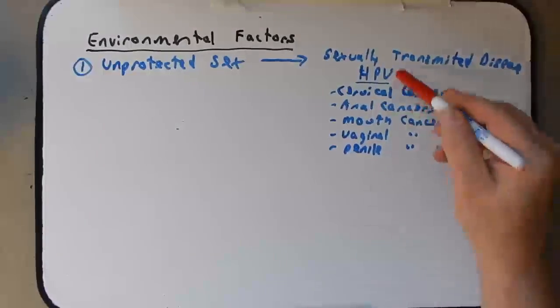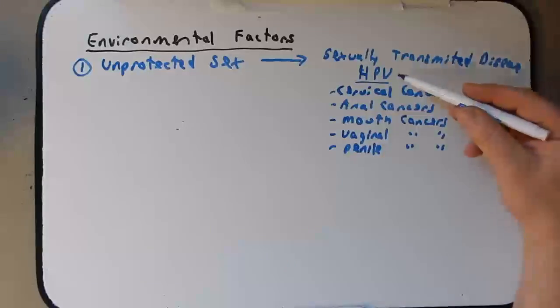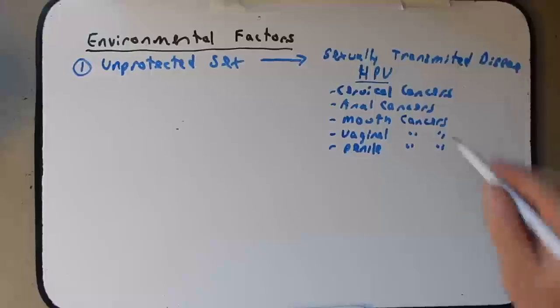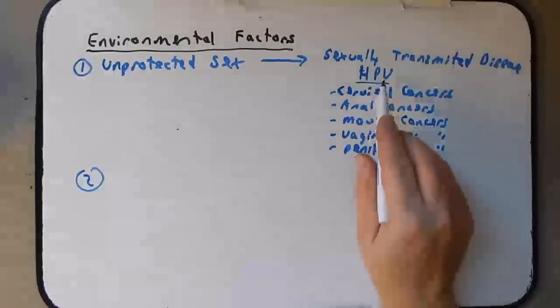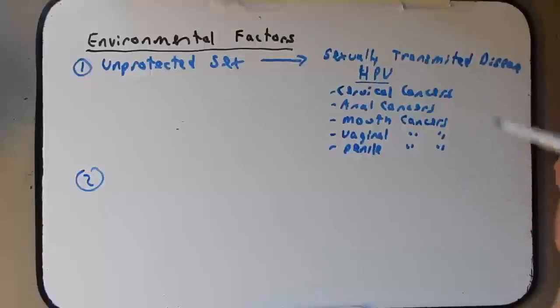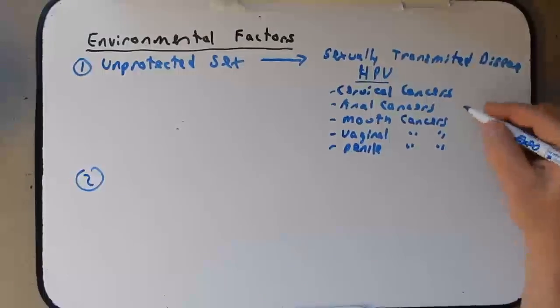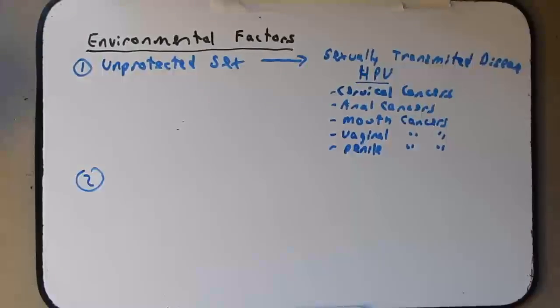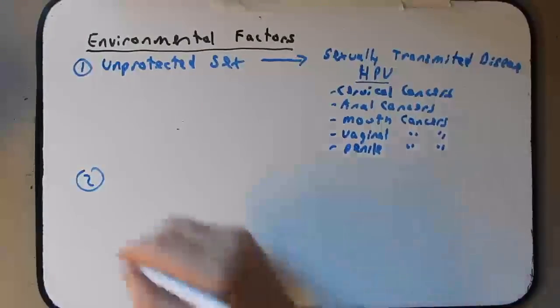And that's why there's a vaccine now that people can get that will help protect against these cancers. Now, most cancers are not caused by a virus, so having the vaccine and having protected sex is the best way to prevent these from occurring, as well as having annual exams to determine whether or not you are at early stages of these cancers.